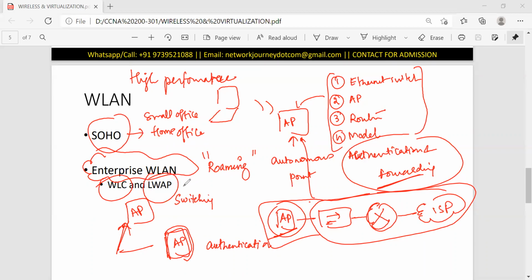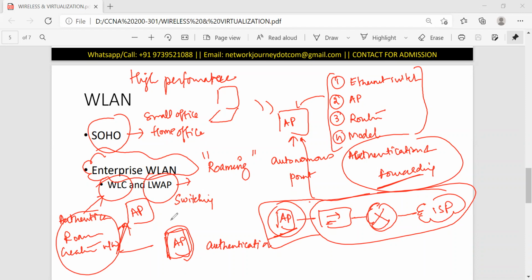A lightweight access point, I can say, is used only for forwarding your traffic, and all kinds of authentication mechanism, roaming mechanism, creating a new wireless network, etc., all this is managed by your controller, the wireless LAN controller.